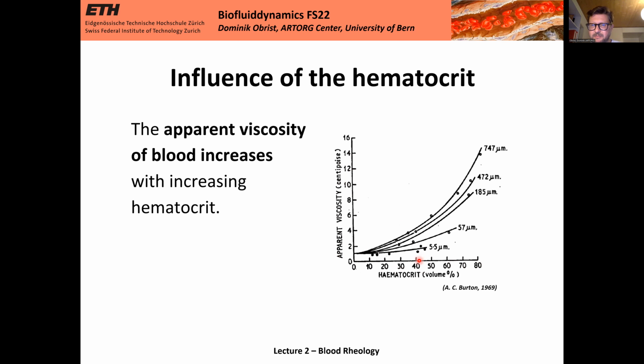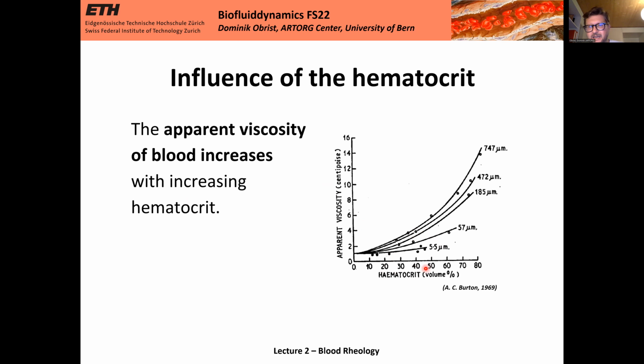And we see that for typical hematocrits, if we take a larger vessel here, this is the vessel diameter, a vessel of nearly 1 millimeter diameter, we have a viscosity of somewhere around 4. Here the unit is centipoise, which in SI units is 0.004 Pascal second.